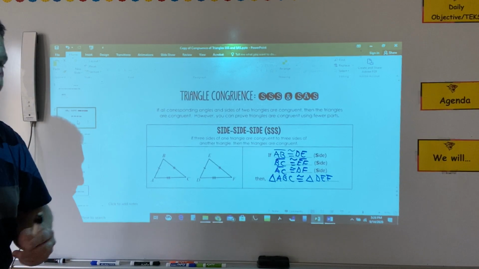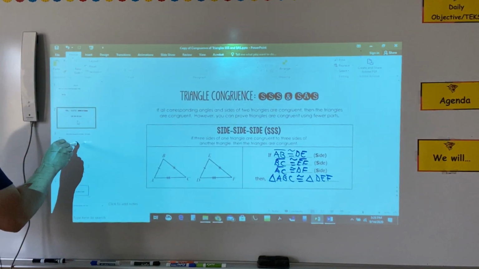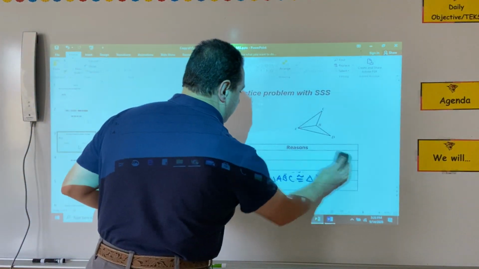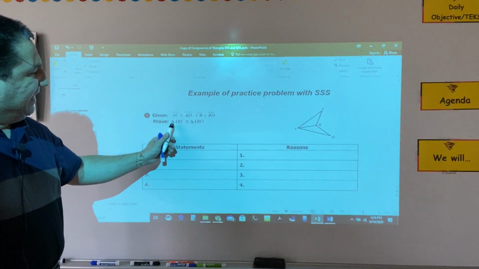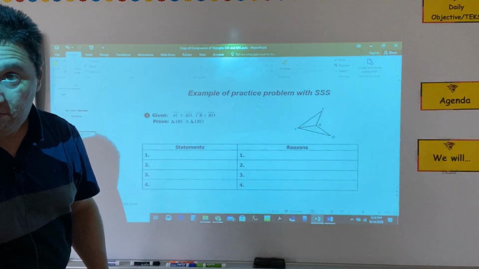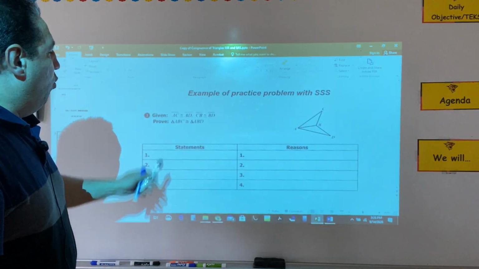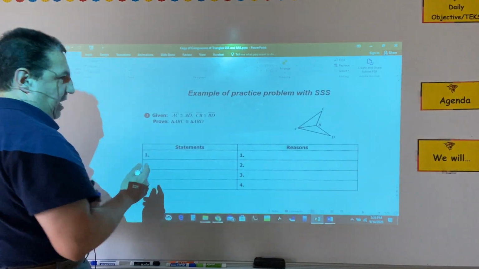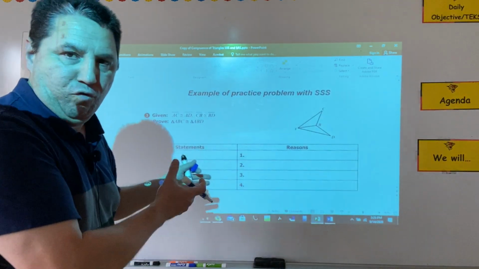That's the first case. Let's have an example with this case, SSS. For example, we have to prove triangle ABC congruent to triangle ABD using this case. What is given: AC is congruent to AD. Remember, we have a two-column proof.